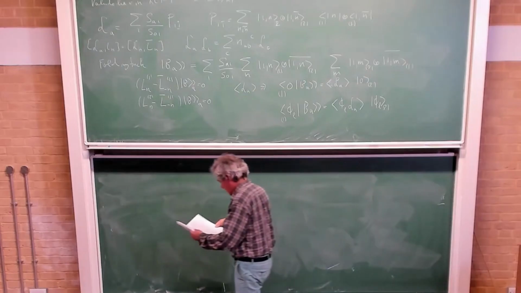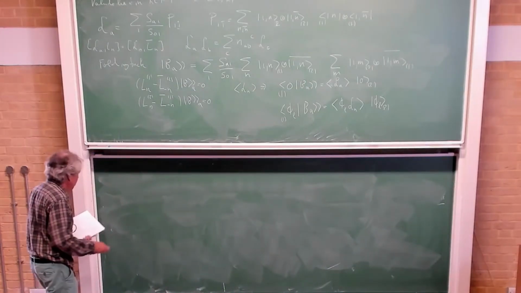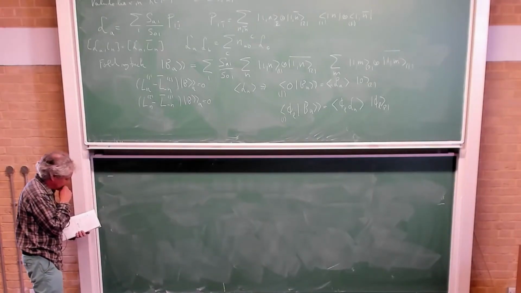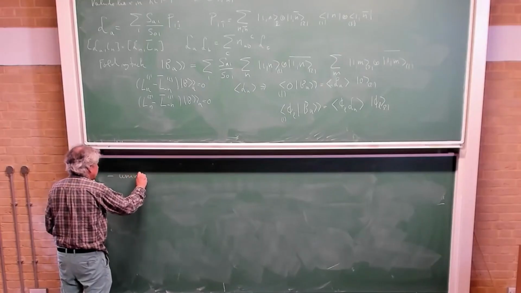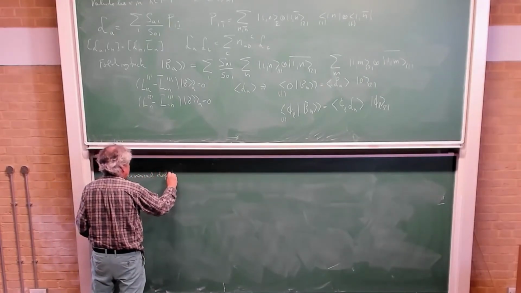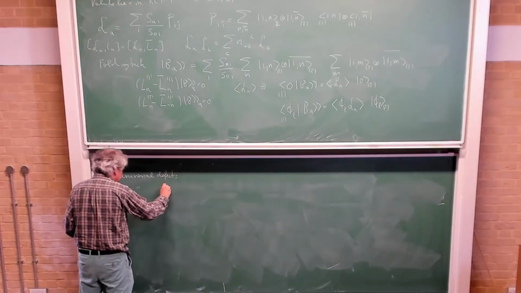And so we look at two classes of topological defect lines. One would be the universal defects, and then obviously we look at non-universal defects.